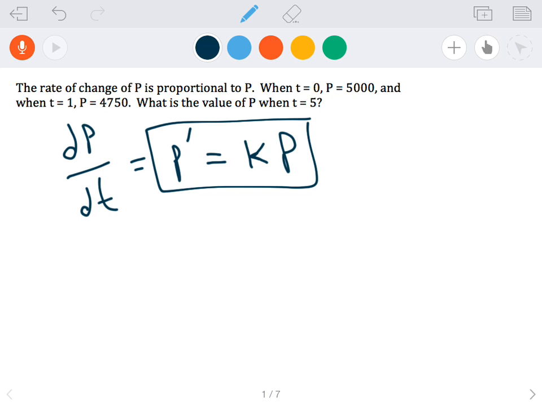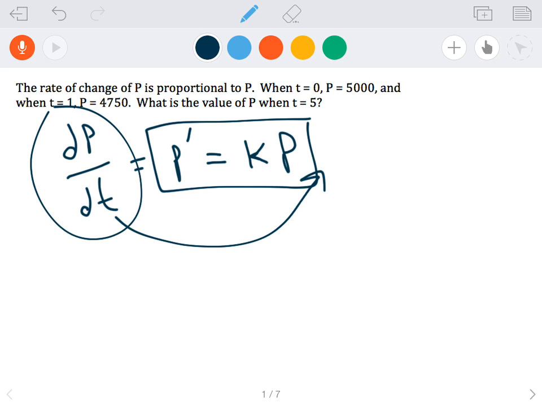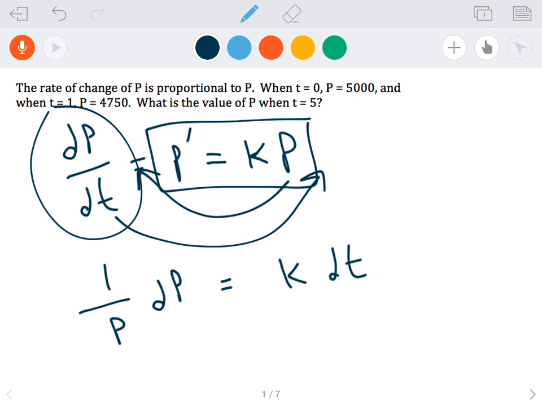This is a differential equation, and I can solve it by writing p prime as dp over dt, moving dt over, and bringing p over to the other side. Let me clean this up a little bit. What I've got is 1 over p dp equals k dt, and then I integrate both sides.